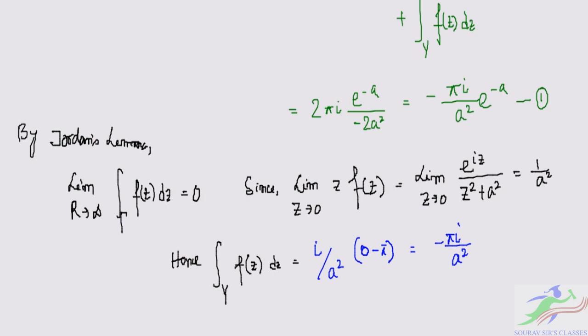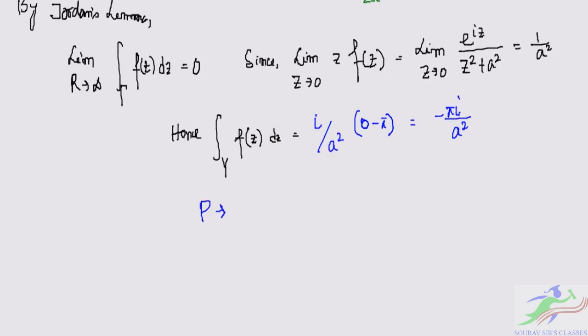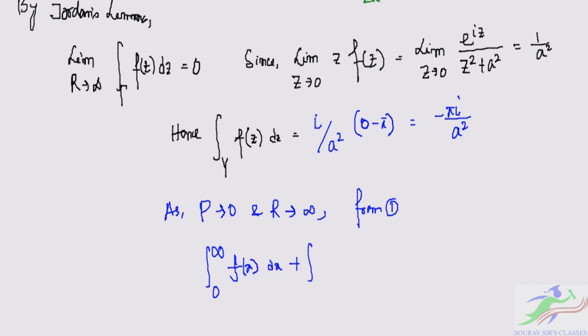Hence as rho tends to 0 and R tends to infinity, from equation 1 we will get the integral 0 to infinity of f(x) dx plus the integral minus infinity to 0 of f(x) dx, minus pi i by a square, equal to minus pi i by a square e to the power minus a.